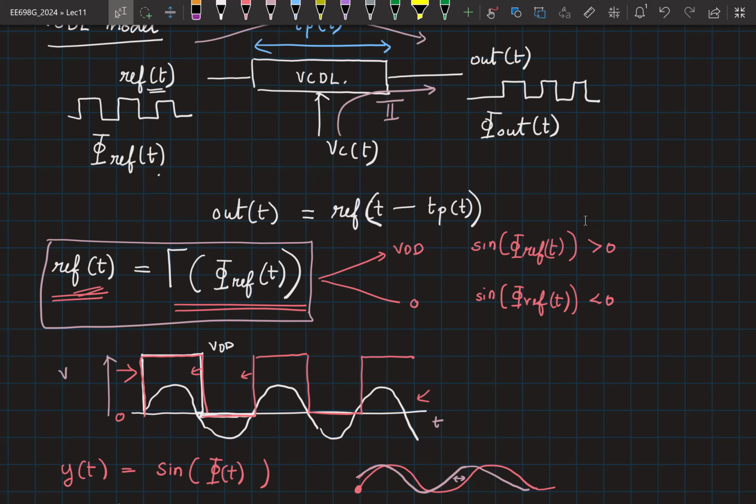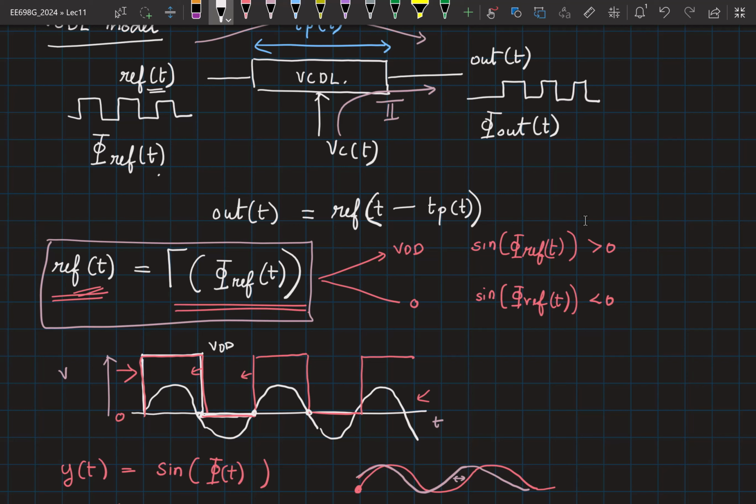So imagine that you are obtaining the square wave by taking a sine wave and passing it through a comparator, right? So wherever the sine wave is crossing a 0, you have a rising or a falling edge corresponding to that, right? Now you put the total phase inside the sine wave, find out if it is crossing a 0, if it's positive or negative, and then translate that in terms of the square wave.